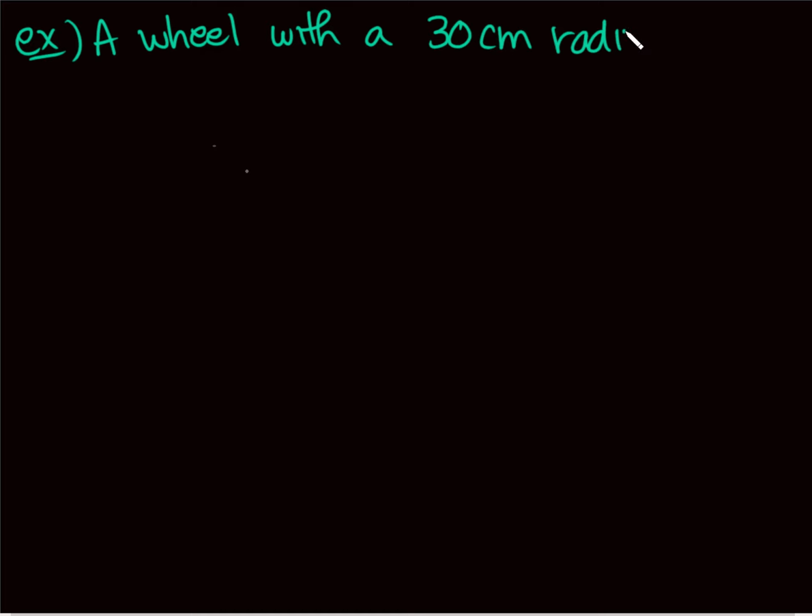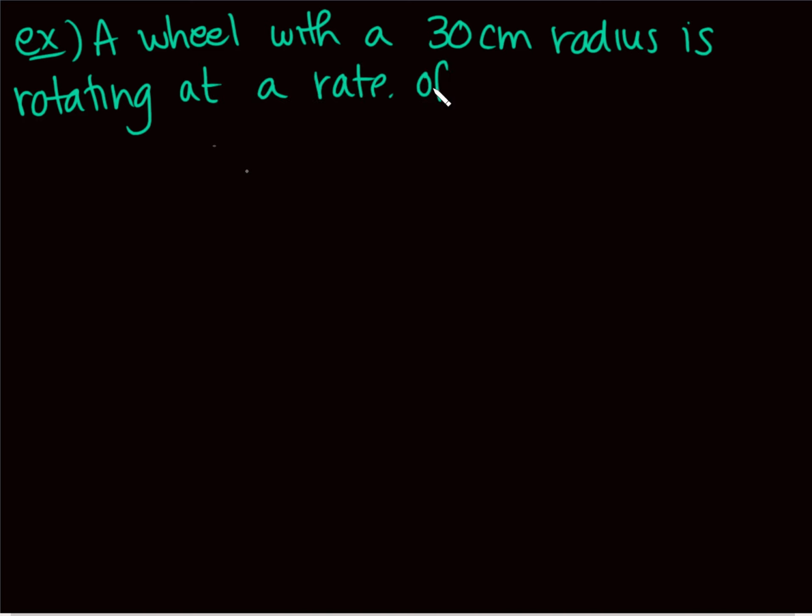Okay. So two examples and then we'll call it good. A wheel with a 30 centimeter radius is rotating at a rate of 3 radians per second.